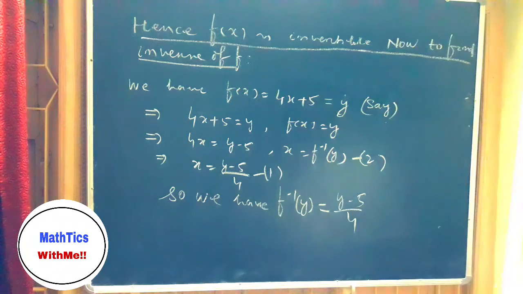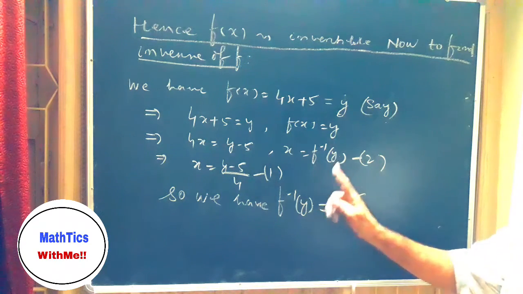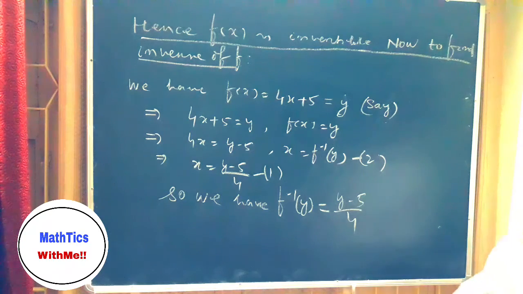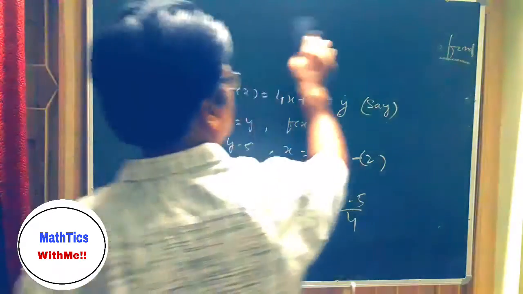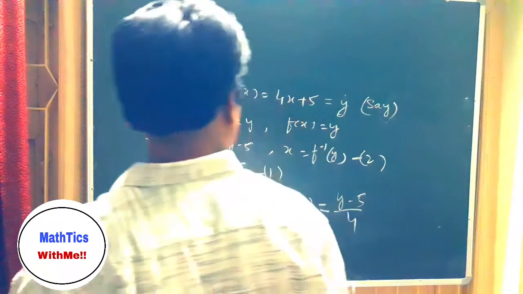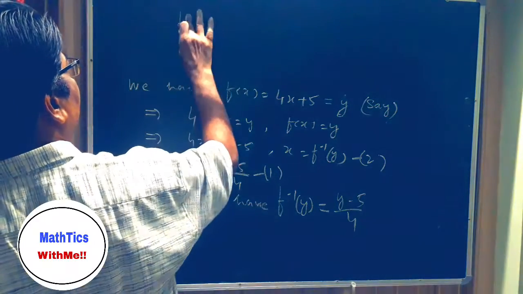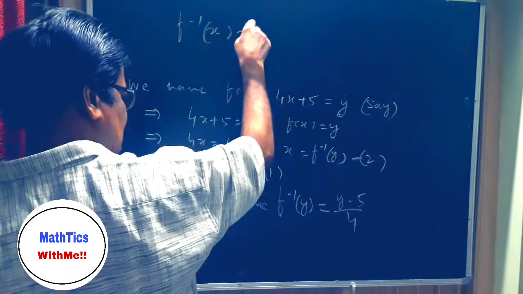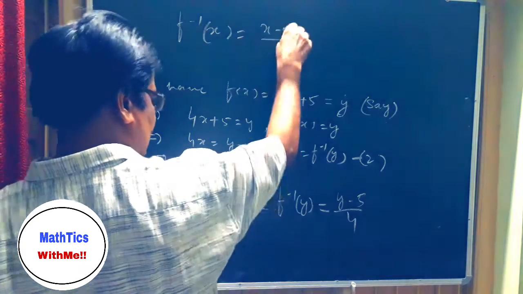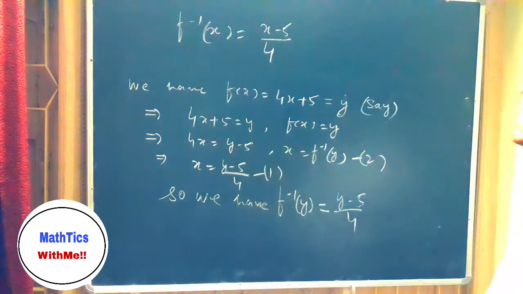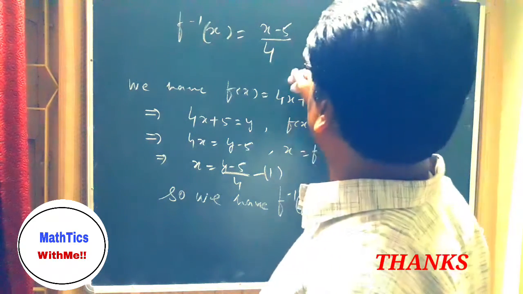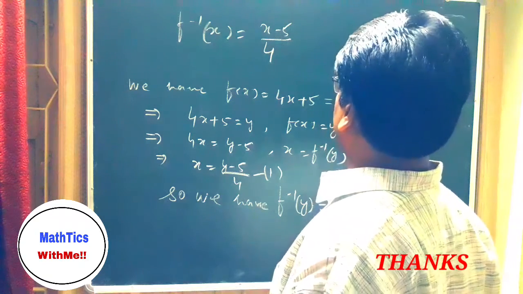So from 1 and 2 we get f inverse of y is equal to (y minus 5) by 4. Or we can write f inverse of x is equal to (x minus 5) by 4. So we get the inverse for the function f, that is f inverse of x is equal to (x minus 5) by 4.